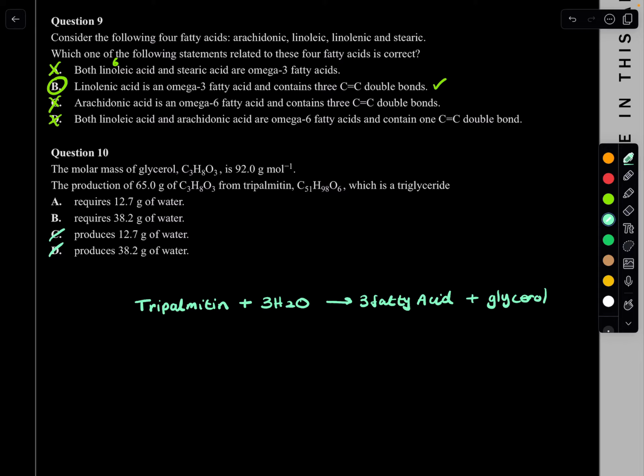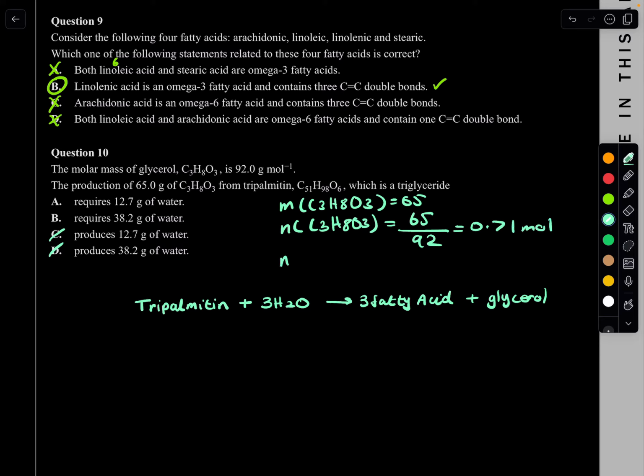So we know the mass of the glycerol is 65. So let's get the moles of it, which is your mass over your molar mass, which they've given us is 92. 65 divided by 92. That gives me approximately 0.71 mole.